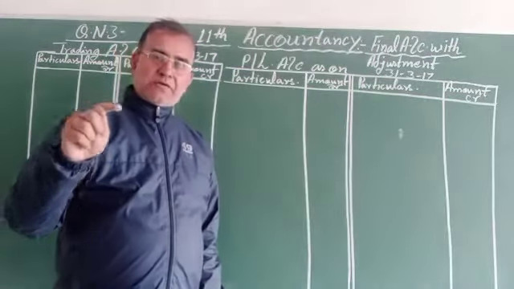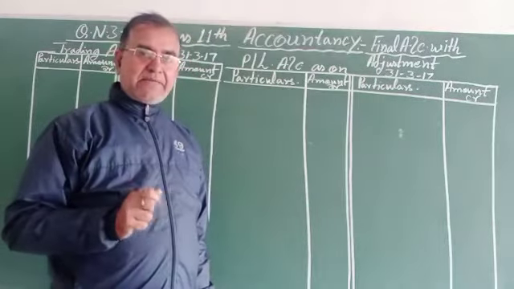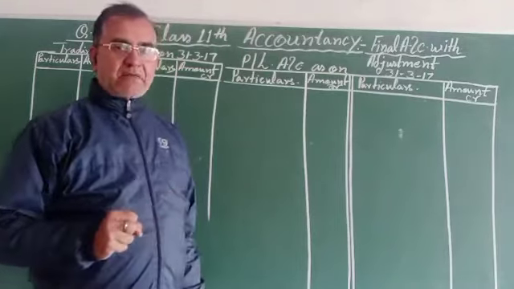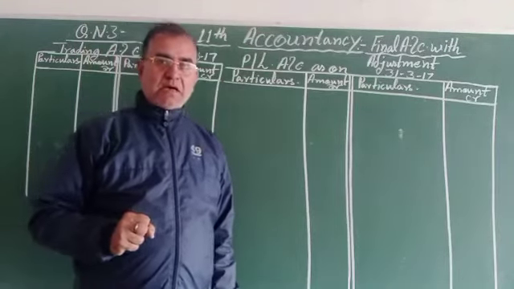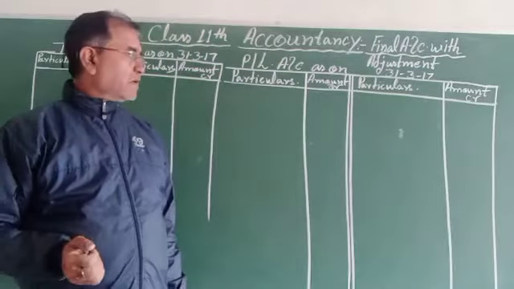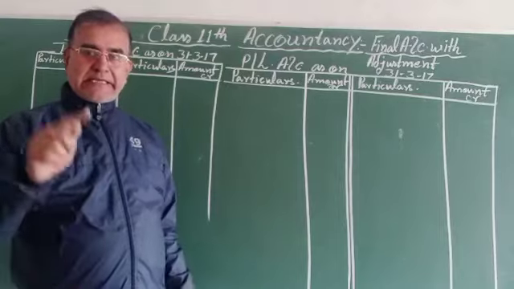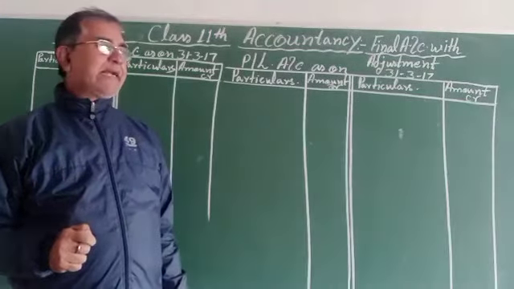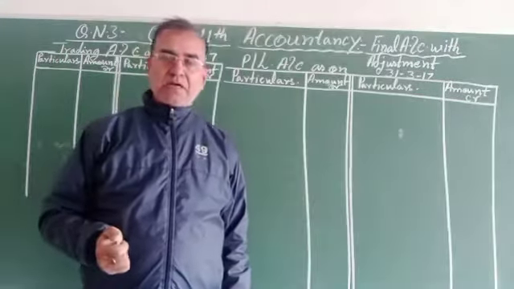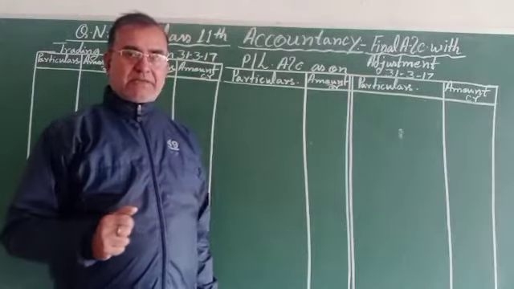Question number 3 in your textbook, that is given through the practical question. I would like to explain the trading account, profit and loss account in this video, and in the next video I will explain the balance sheet of this question.